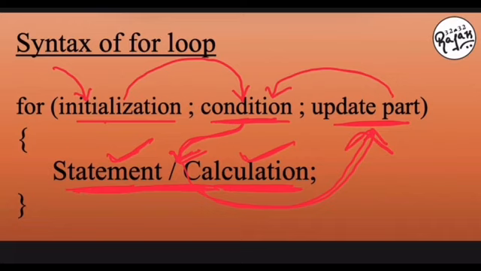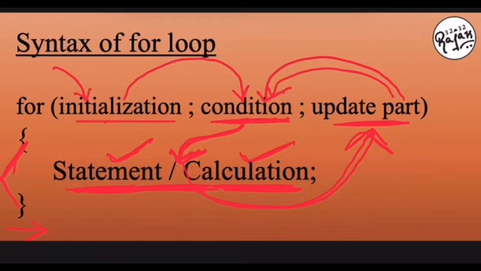After the value is changed, again it will be sent to the condition part. If the condition is true, you will repeat the same. If the condition is false, you are out of the for loop. That is, you will go below the body of the loop and you are out of the loop at this part.